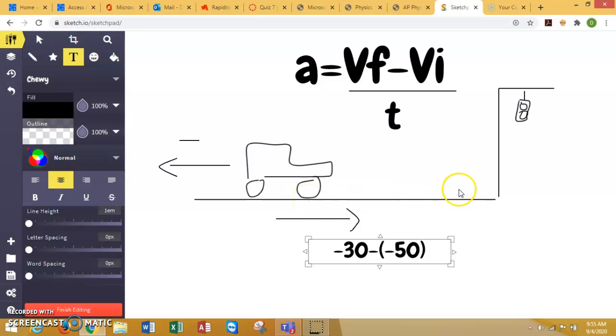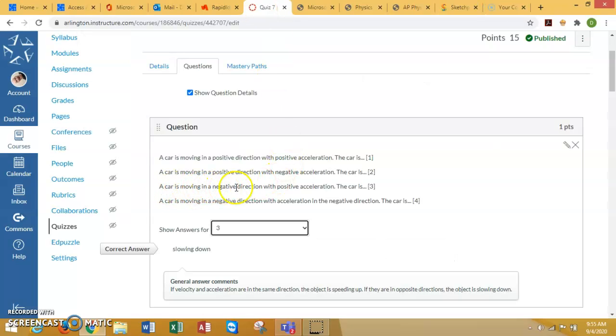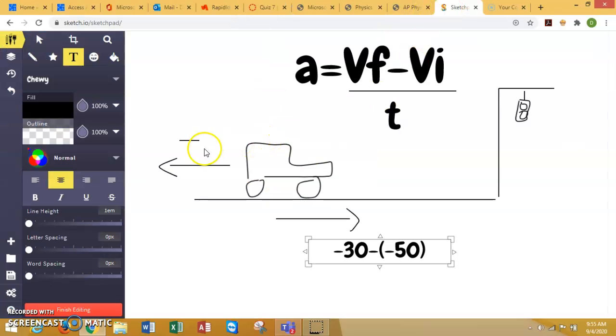This is probably my fault because I tell people that negative a means that your final is less than your initial. But these are directional. V is a vector. So for this third one here, if the car is moving in the negative direction, then our velocities are negative.